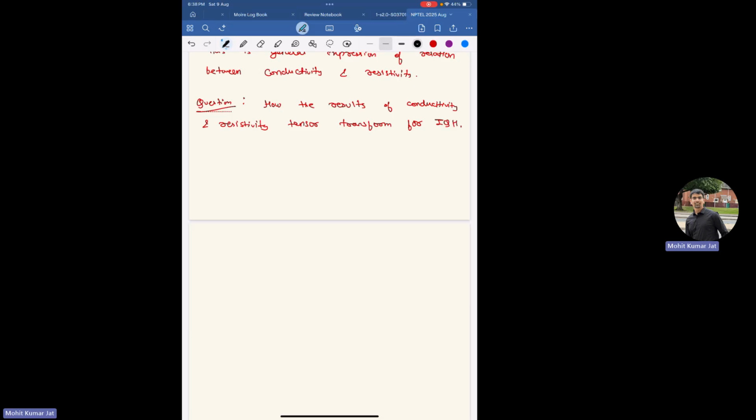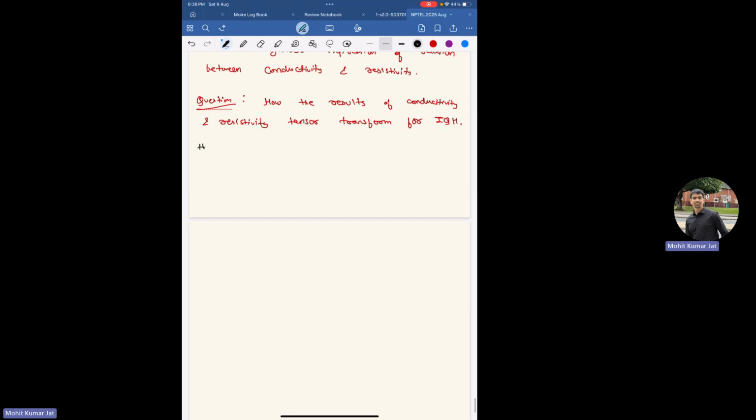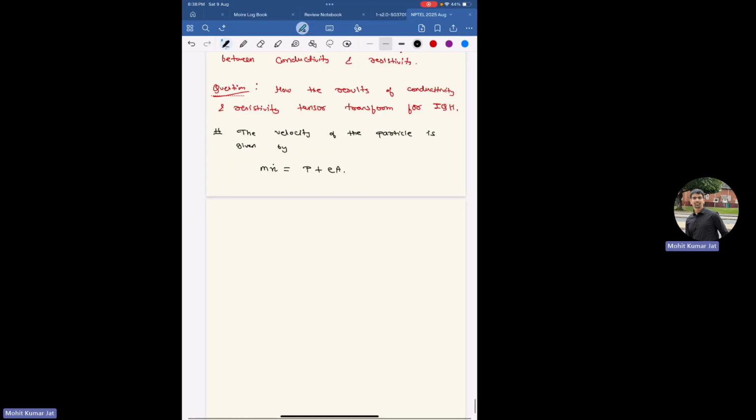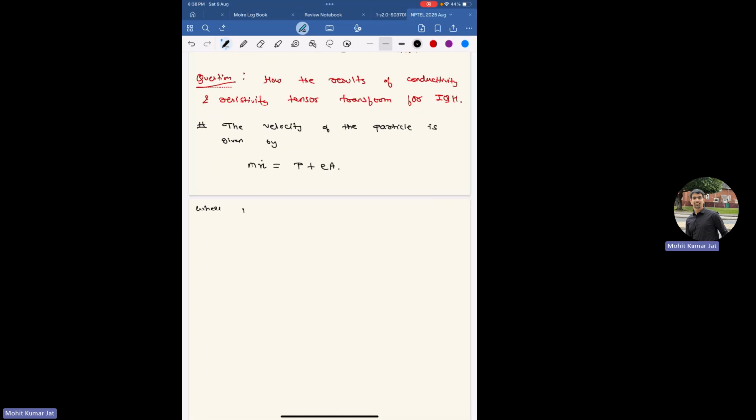So we know that the velocity of the particle in magnetic field B, you can choose its corresponding vector potential A. x dot, which is essentially velocity, is P plus eA, right? Where P is the canonical momentum.